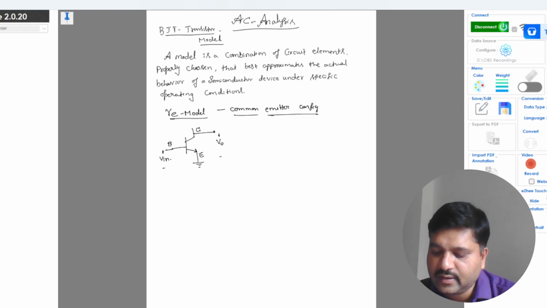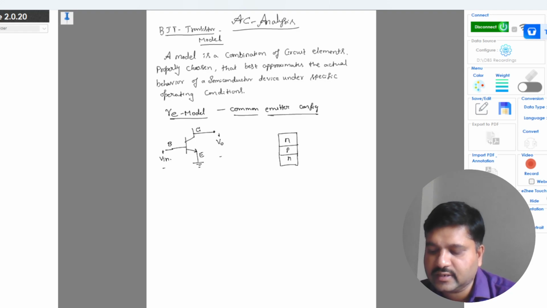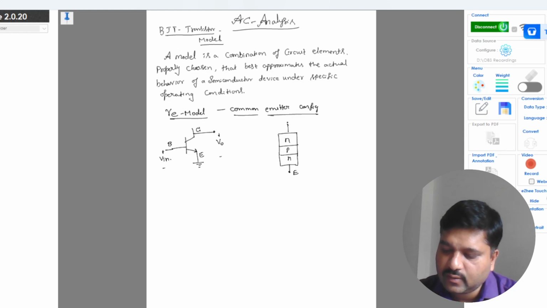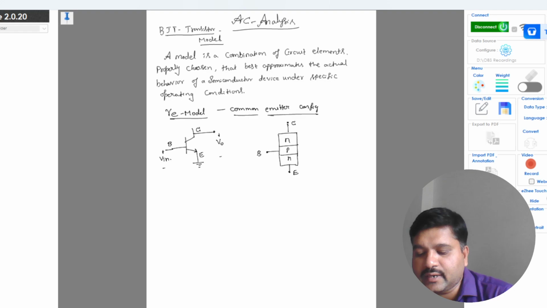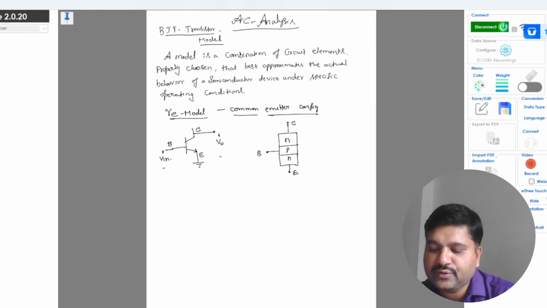Now, to operate this, we know that this BJT is made up of three layers, that is an NPN transistor. One N is the emitter terminal and the other is the collector terminal, and the P layer is the base terminal. This becomes an NPN transistor when you connect the collector terminal to the higher potential and the emitter to the lower potential.